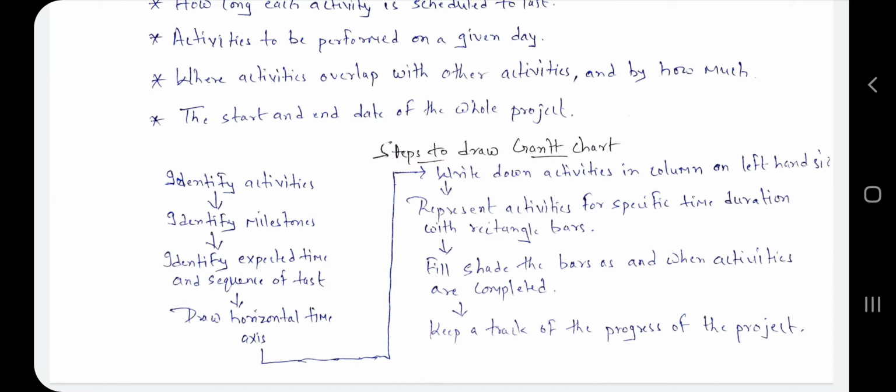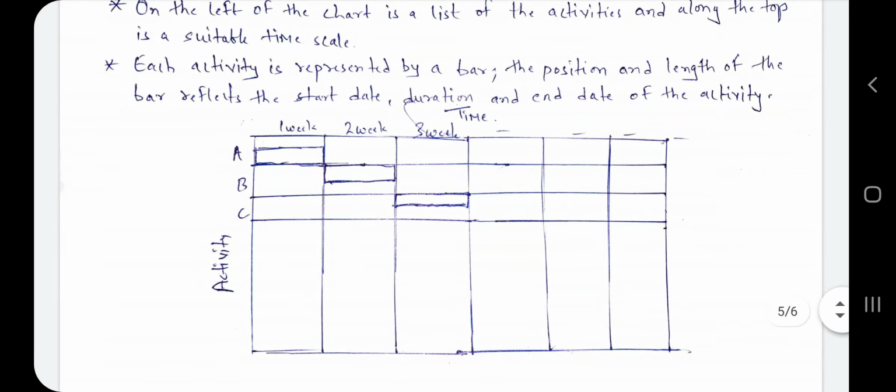After that write down the activities in a column on the left hand side, represent each activity for a specific time duration with rectangle bars, fill or shade the bars as and when activities are completed, and keep track of the progress of the project. So these are the steps to draw the Gantt chart.